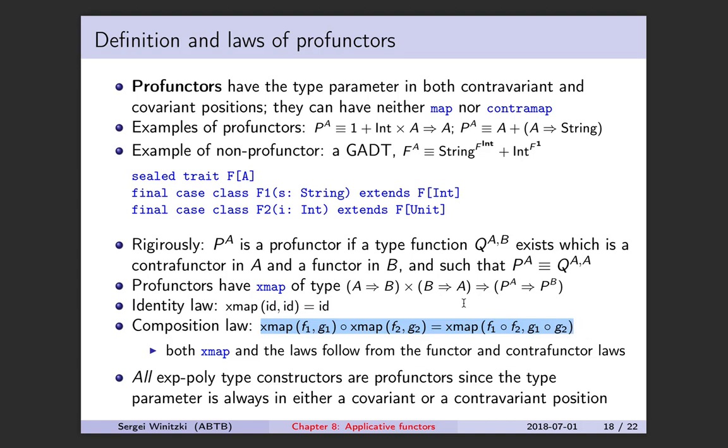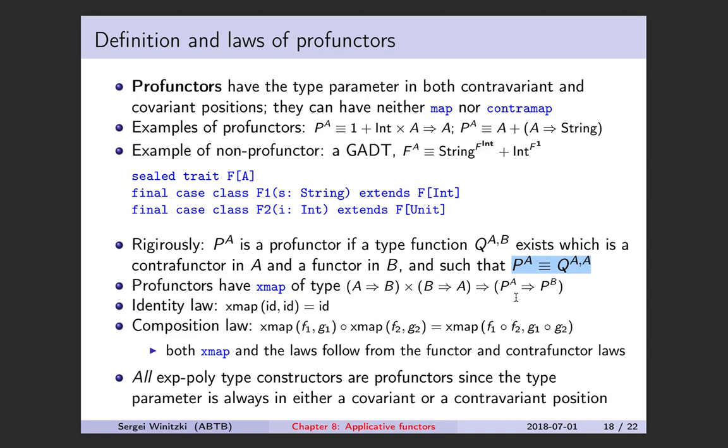And so, therefore, these laws can be seen as a consequence of this definition. And it's not a new assumption or a new requirement. It's a consequence of the definition. And so that's why we believe it's reasonable to impose these laws.